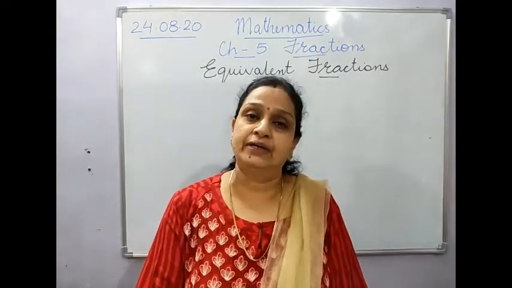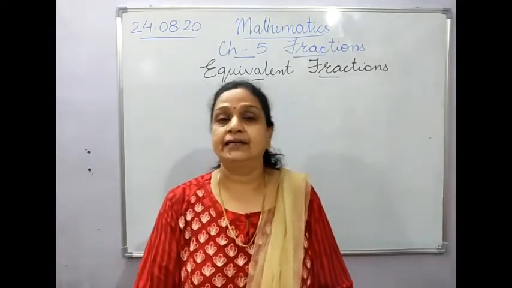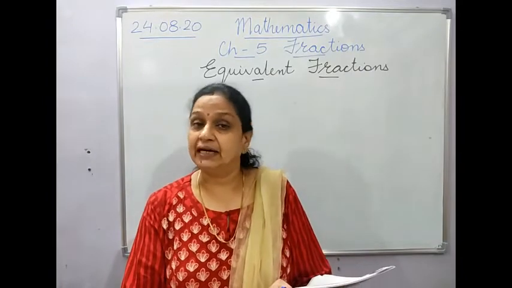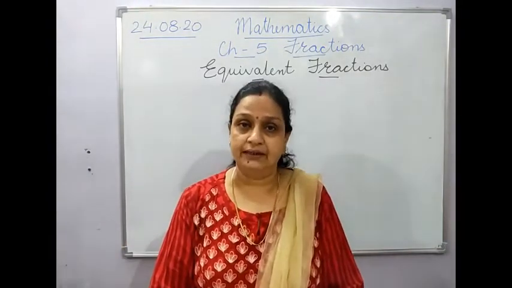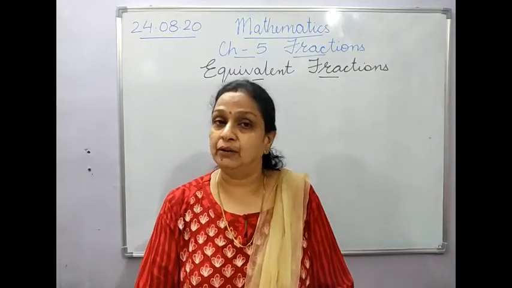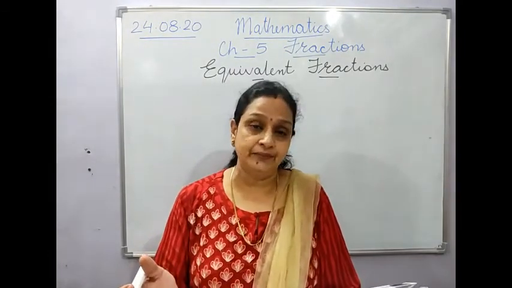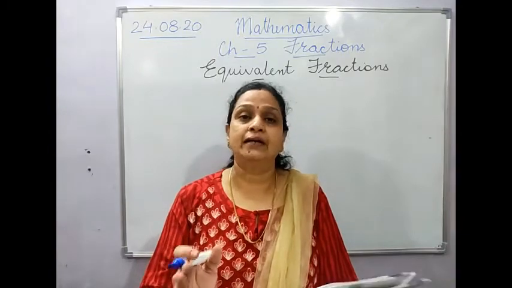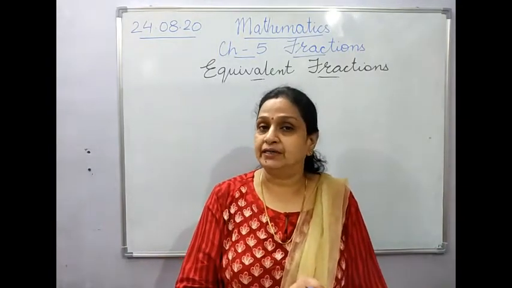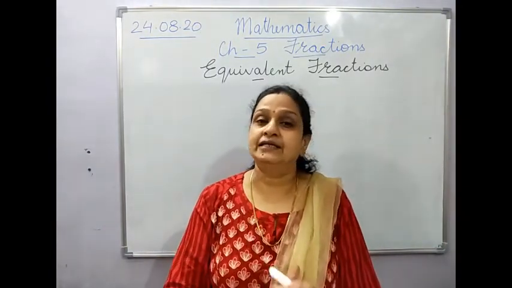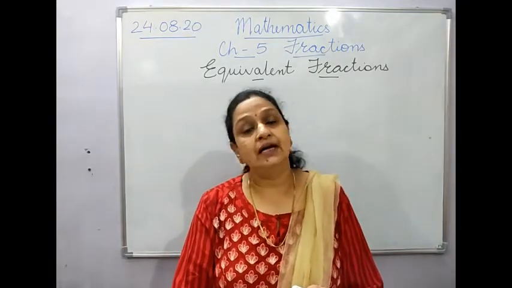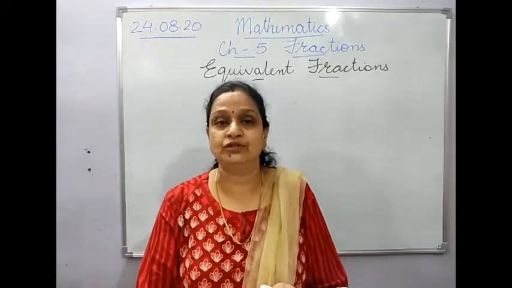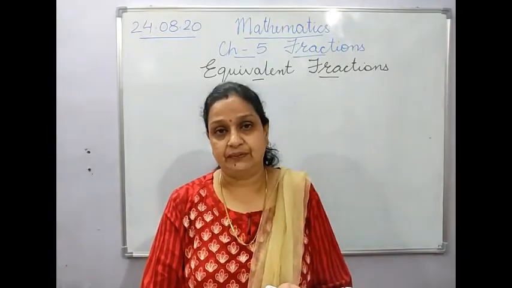No single number can divide the numerator and the denominator except 1, because every number can be divided by 1, but the answer will be same. So except 1, no other number can divide the numerator and denominator at the same time. Then it will be called as the lowest term or the reduced term or the simplification.